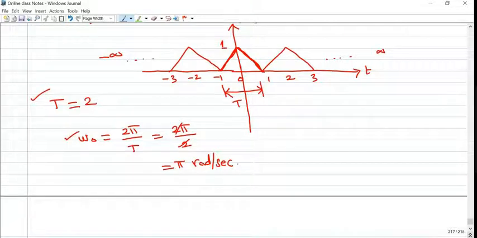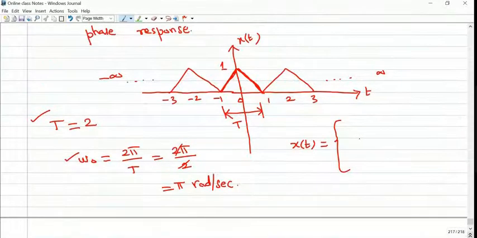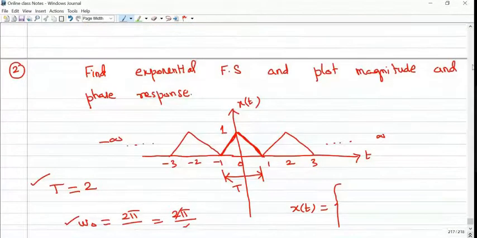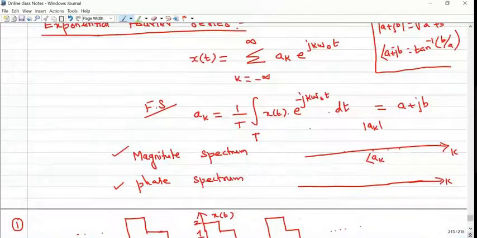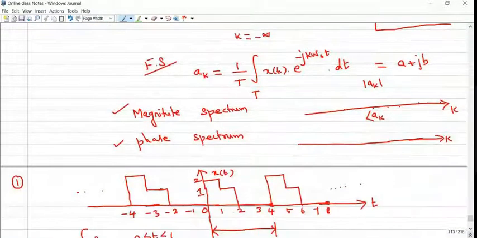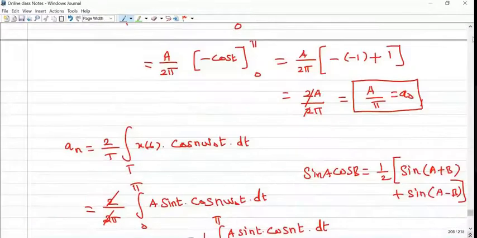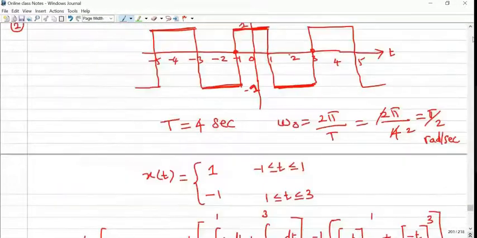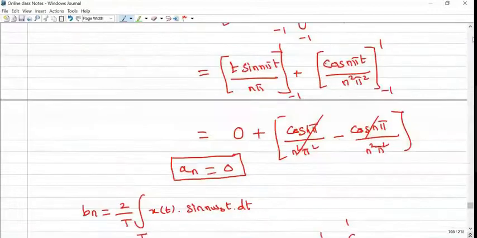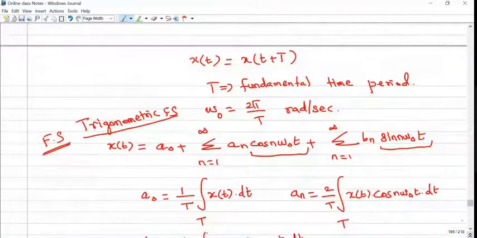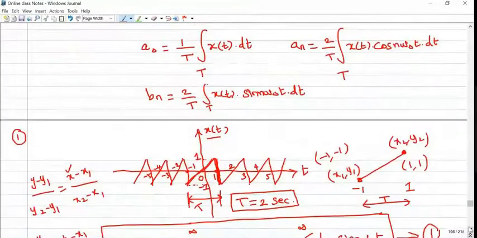Omega naught value calculated. The next important thing for this kind of problem is how to write x of t for this signal. Because the previous problem had a constant DC value for a particular time period, and the one before that was a sinusoidal signal. In the first day's class, we solved one problem like this.